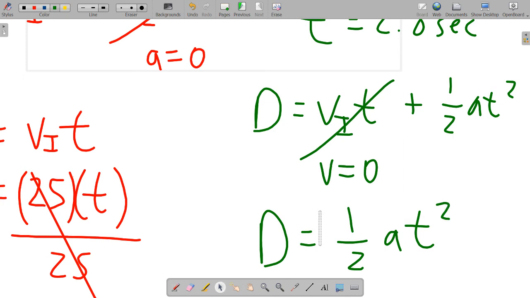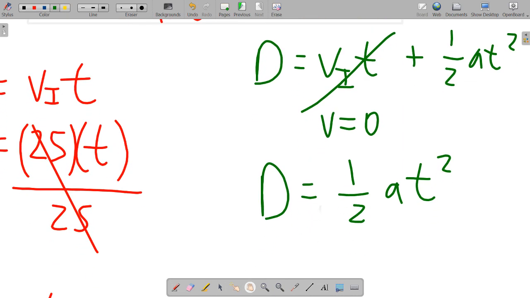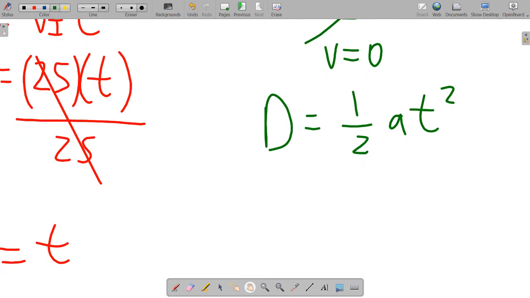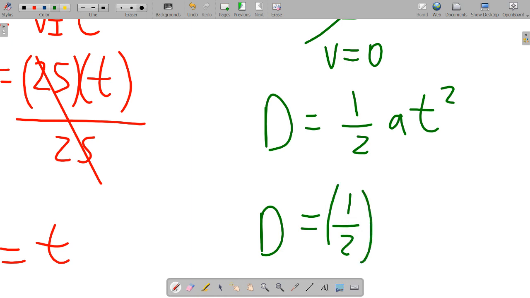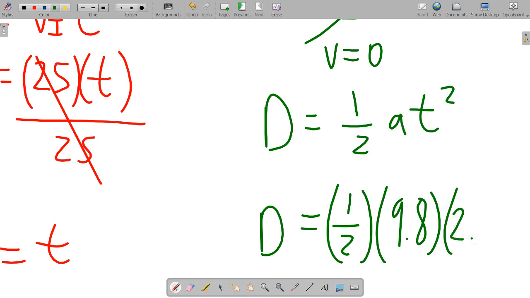Okay. So how far did the skier travel in the y direction? In other words, how high is the ramp? It's easy. All we need to do is plug in the acceleration of gravity in the y direction, and we know that the acceleration is 9.8. We plug in the time in free fall, and we know that as well, as we solved for that before this.